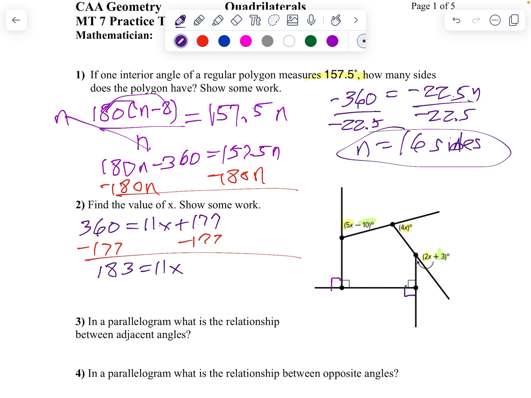Oh, I think I messed up. Let's try that again. 5, 9, 11. Negative 10 plus 3 is negative 7. 180 minus 7, oh my goodness, 173. Sorry about that.